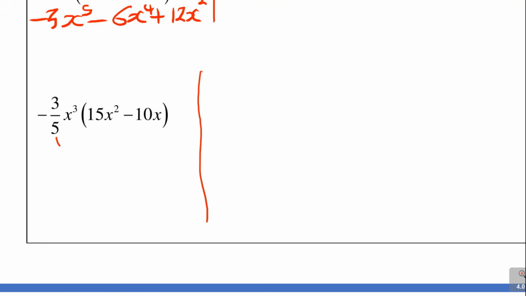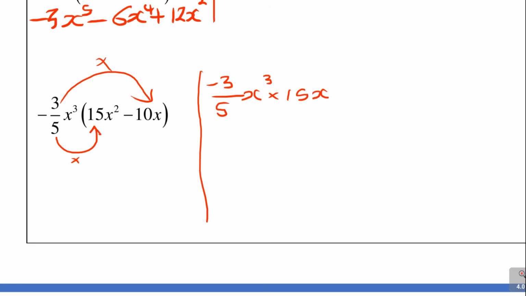The whole thing outside multiplies, and the whole thing outside multiplies. See? So now it will be negative 3 over 5 x cubed times 15x squared. See that?